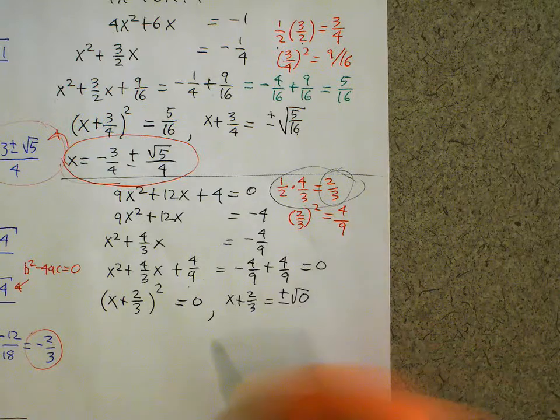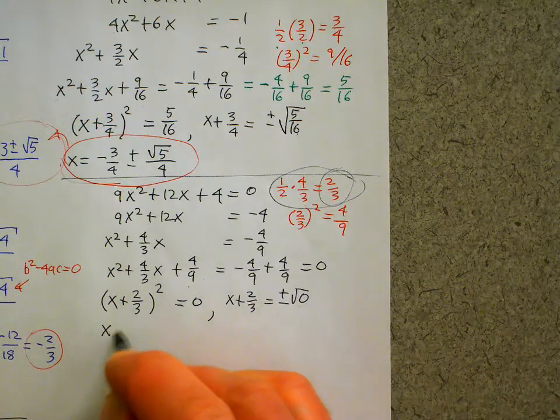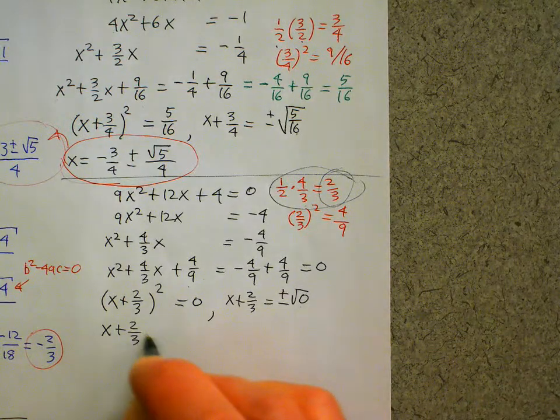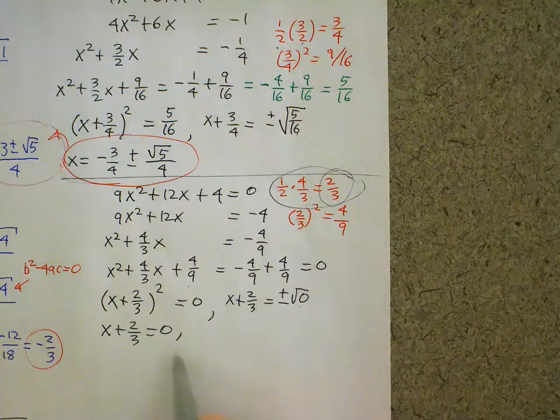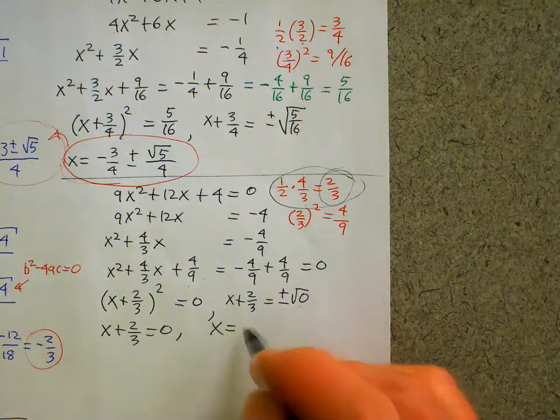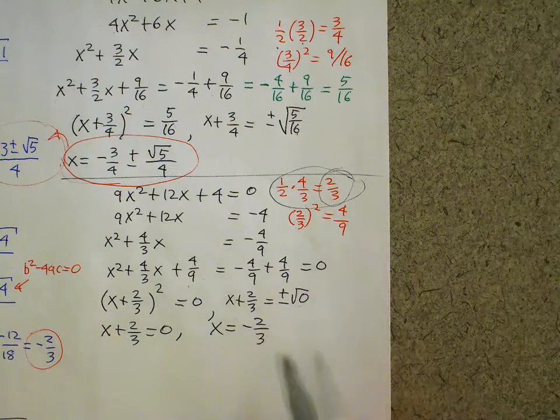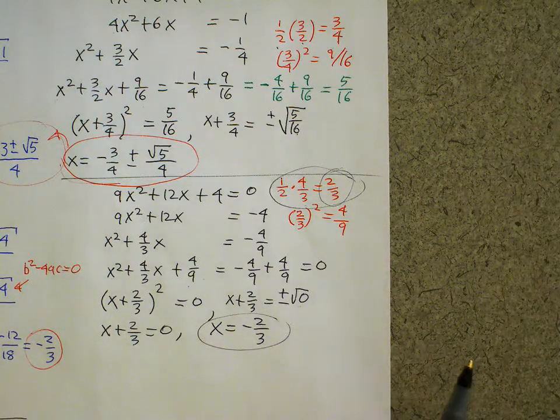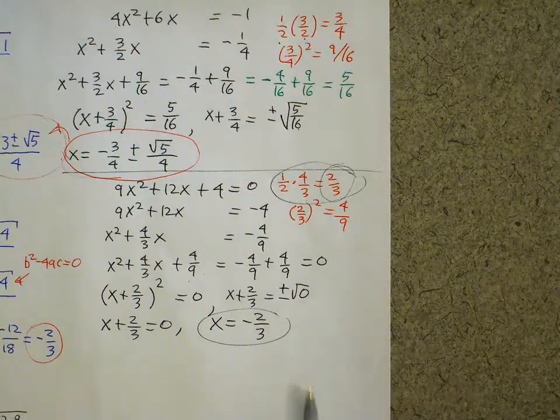So this isn't really necessary, but I'll write x plus 2/3 equals 0. And then when we solve for x, we get x equals negative 2/3. So there's just one solution, same as when we use the quadratic formula.